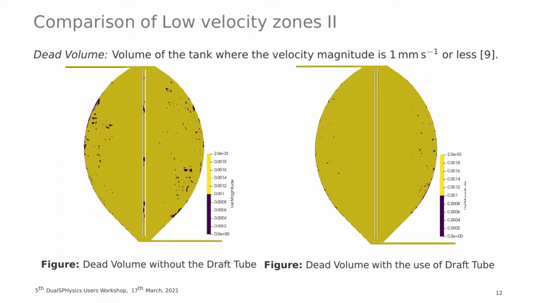If there is sludge with a high amount of total solids, having this dead volume would result in sedimentation, which would mean a reduction in the overall usable volume, or usable capacity, of the tank. But what we can see from these images is that with or without the draft tube, it would not make much of a difference for this dead volume criterion.